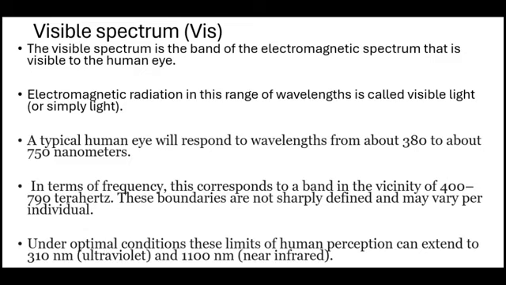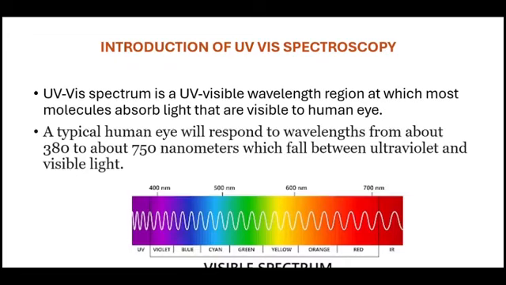These boundaries are not sharply defined and may vary per individual. Under optimal conditions, the limit of human perception can extend to 310 nanometers ultraviolet and 1100 nanometers near infrared.